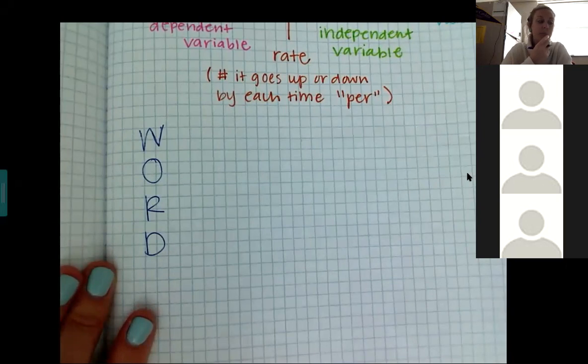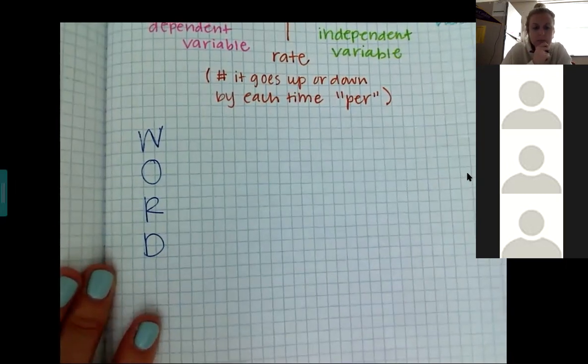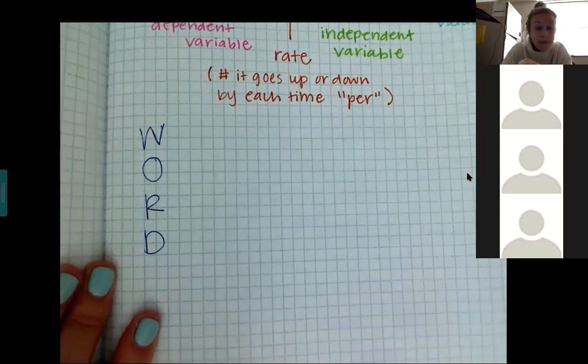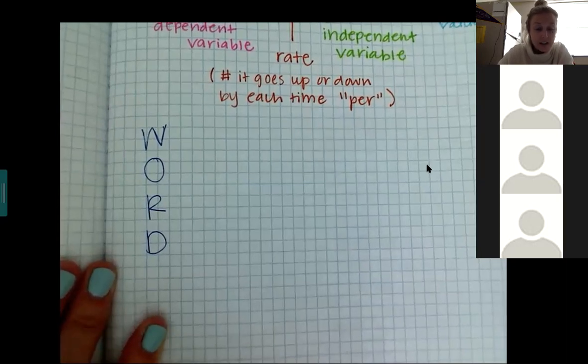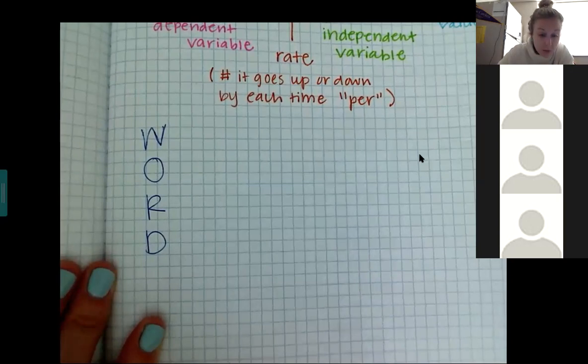So these are going to be your steps for writing equations and solving word problems. I want y'all to write W-O-R-D. What do y'all think the W is going to stand for? Close. Before you can write your answers, you have to read, right? Before you start reading the problem, what are you supposed to read?